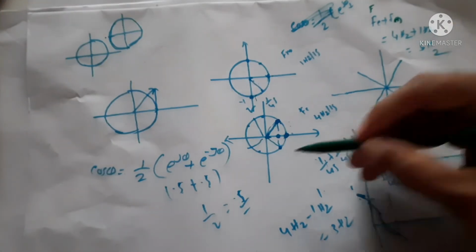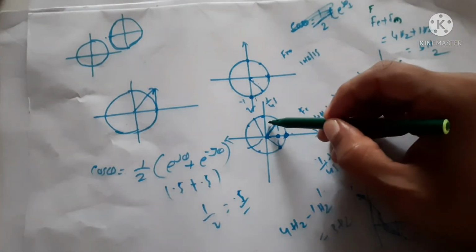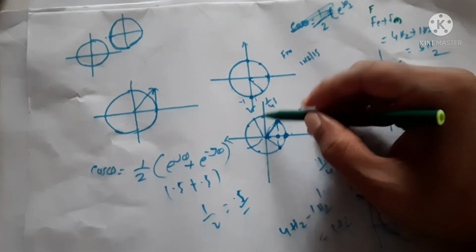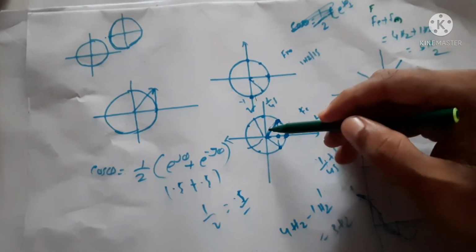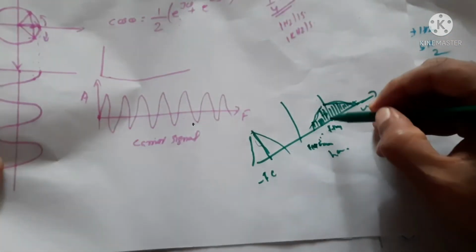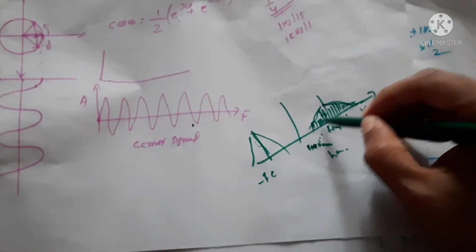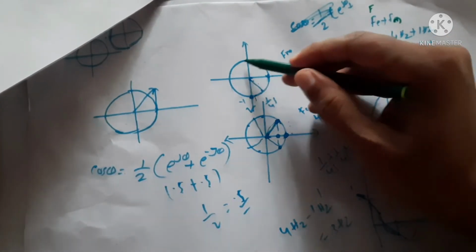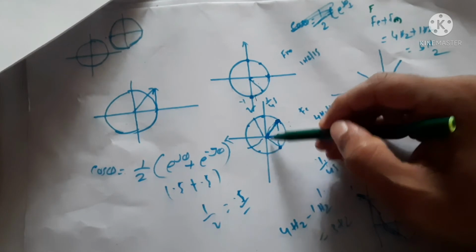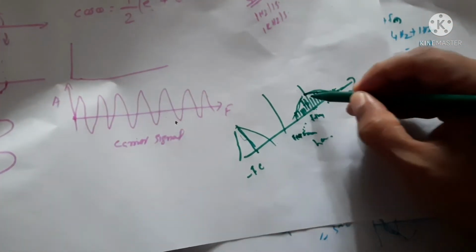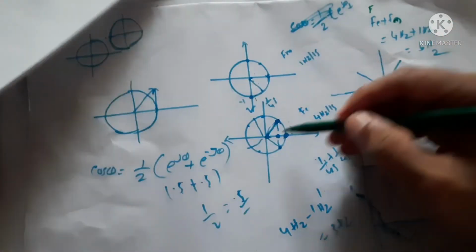How is it obtained? We have taken the carrier frequency as rotating in this direction, the anti-clockwise direction. When it is rotating anti-clockwise, we get the positive frequency, this frequency. When this signal and this signal are both in the positive direction, we get this part, the upper frequency.